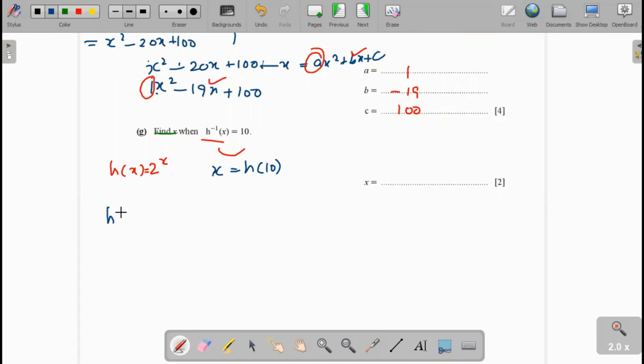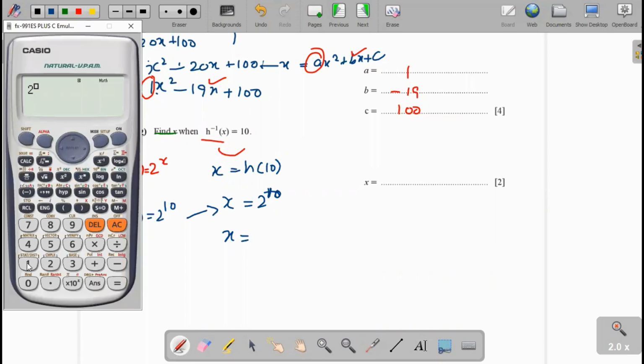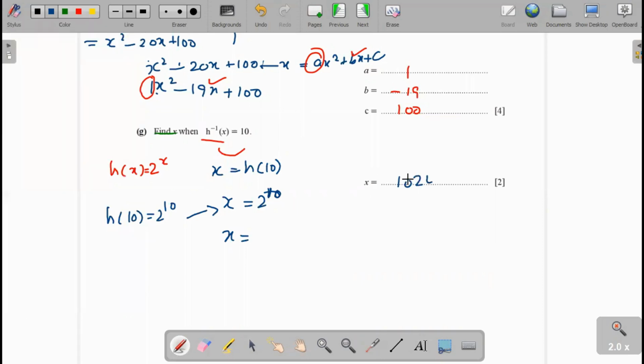Firstly we find the h of 10, which will be equal to 2 power 10. Take the value of 2 power 10. The answer is 1024.